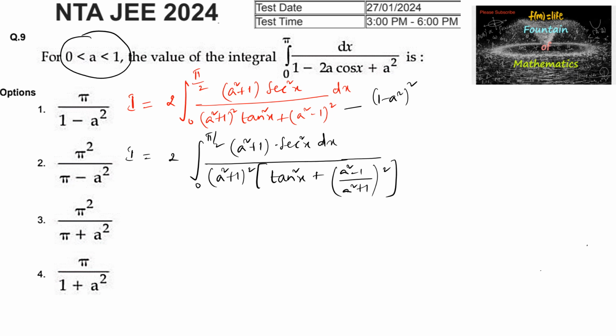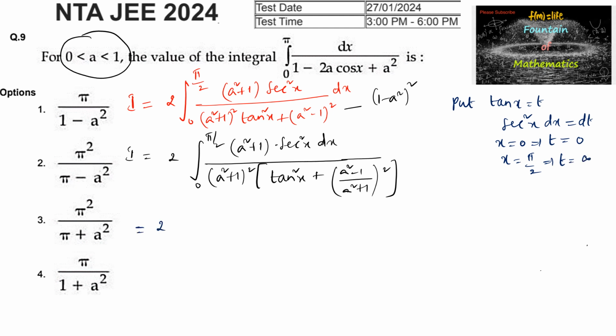And now put tan x equal to t, so that we have secant square x dx equal to dt, and the limits: when x is equal to 0, t is equal to tan 0, which is 0, and when x is equal to pi by 2, t is equal to tan pi by 2, which is infinity.